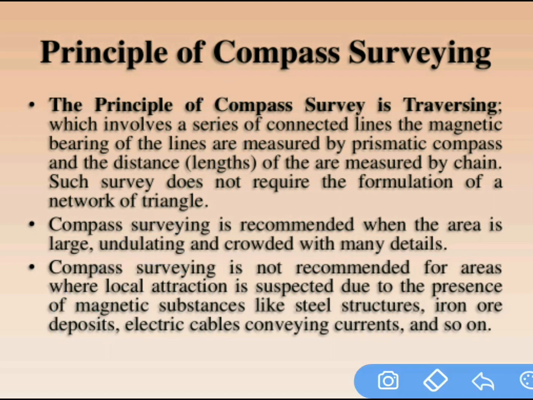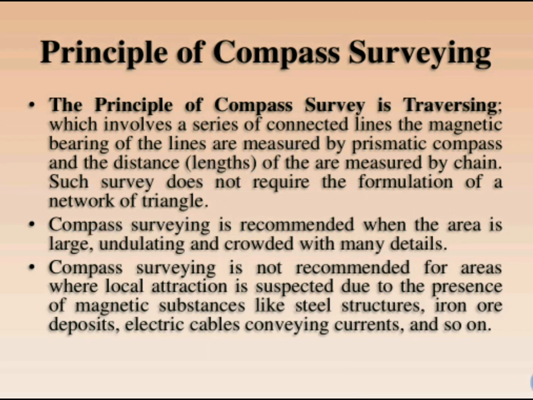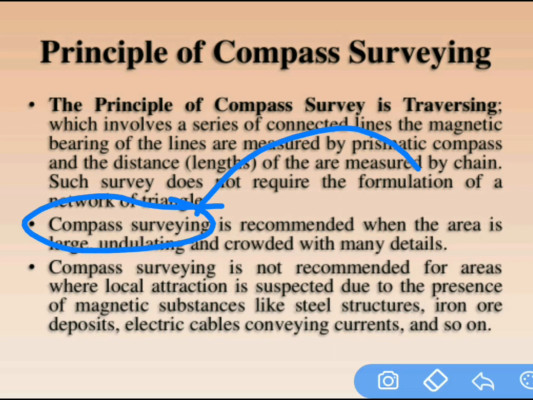Next, so here the survey does not require the formulation of a network of triangles. Yes or no? Yes. See here, in compass surveying, no need to take a network of triangles, right.